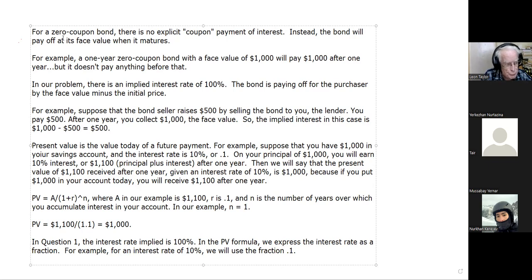In question 1, we express the interest rate as 1, the same as 100%.